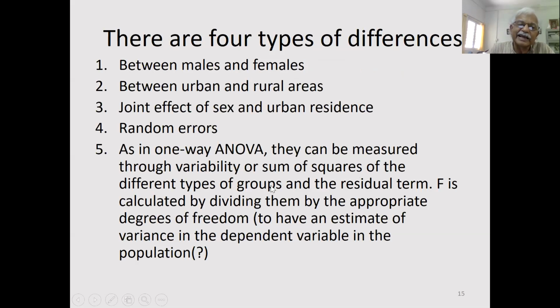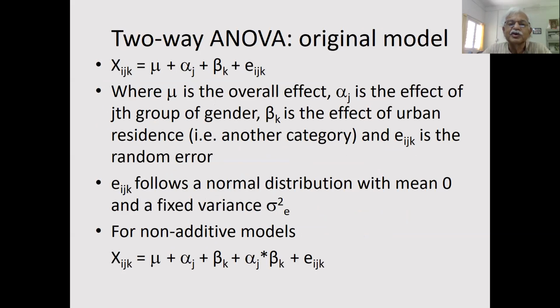As in one-way analysis of variance, they can be measured through variability or sum of squares of the different types of groups and residual term. F is calculated by dividing them by the appropriate degrees of freedom to have an estimate of variance in the dependent variable in the population. So the model of two-way ANOVA is like this.